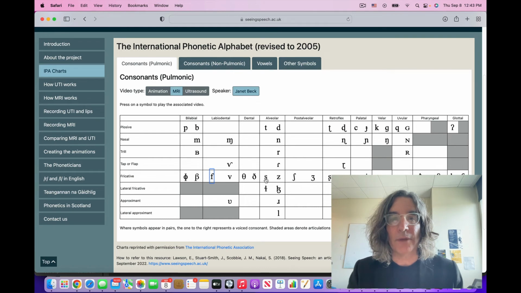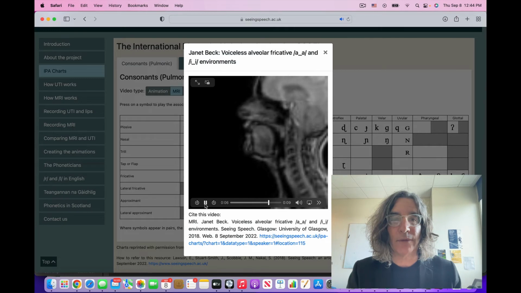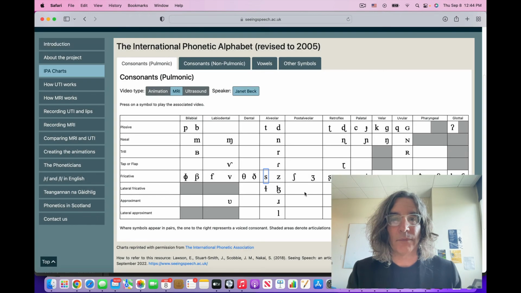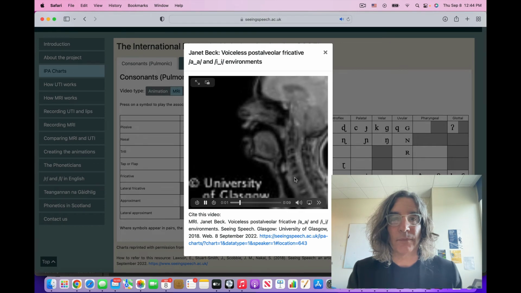Let's take a different look at the difference between sa and sha. So you see where the contact is for sa, right there, the alveolar ridge. And now sha. So a little further back.